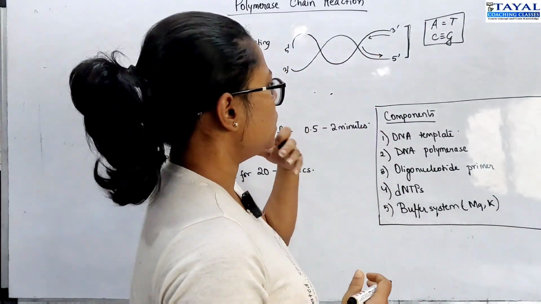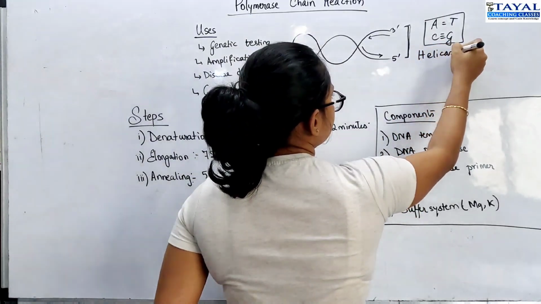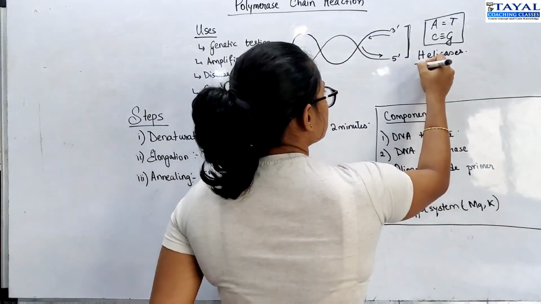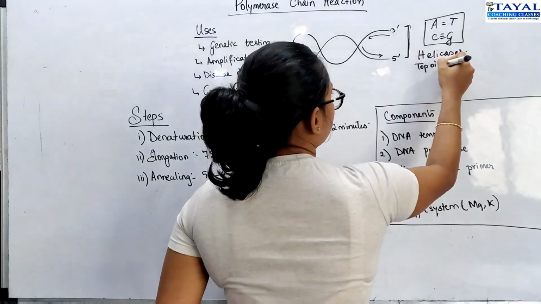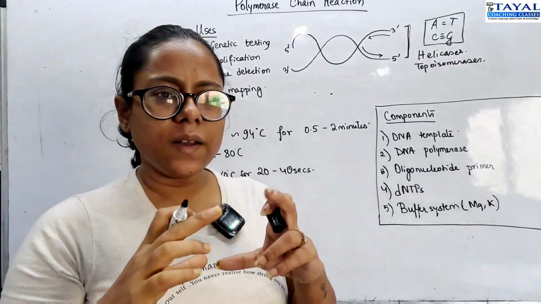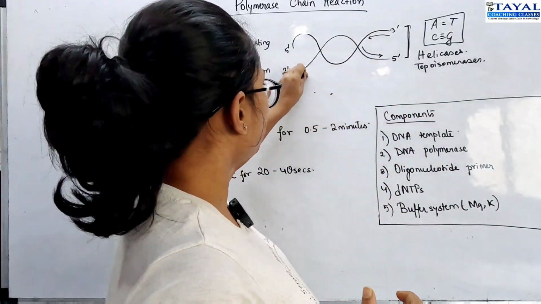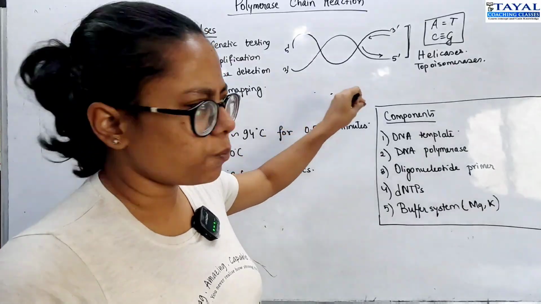In our system, there are enzymes like helicases, right, and topoisomerases, which help in unwinding the DNA, separating the two strands, and also keeping it from getting supercoiled behind, right?